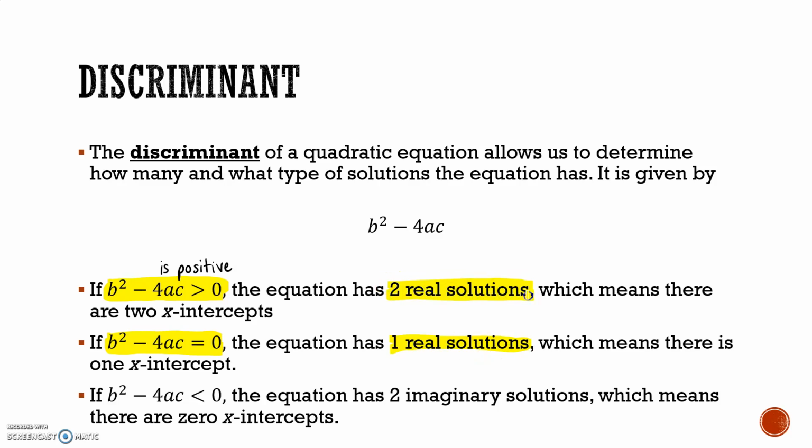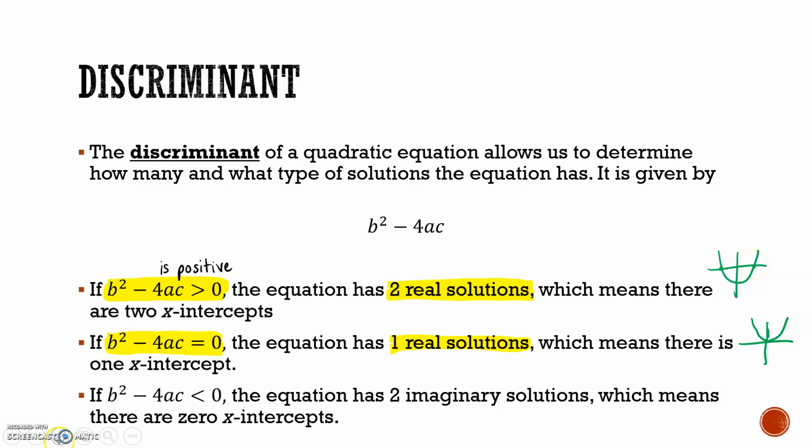That was pretty straightforward. It's just if the number under the radical is equal to 0. So there's only one x-intercept. Graphically speaking, it would look like this, where you graph it, and it just touches the x-axis at one point. Up here, it's looking more like this, and it crosses at 2 points.